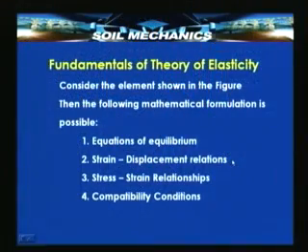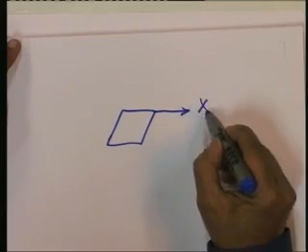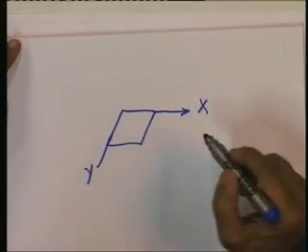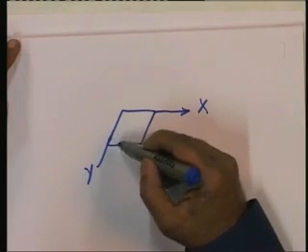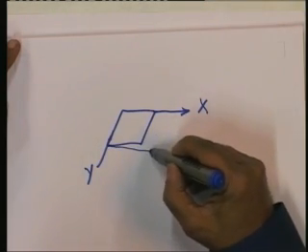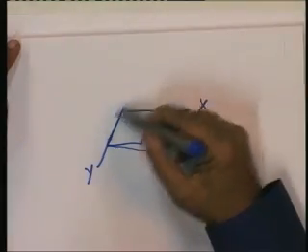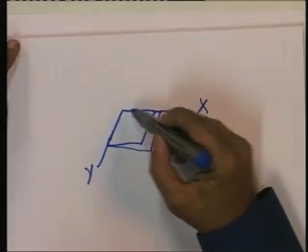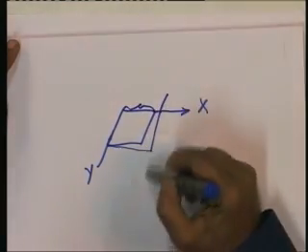Now, the second set of equations correspond to strain displacement relationship. Now, if I again consider any one face of this parallelepiped, let us say this is x, this is y. When a stress is acting on this, this is going to get distorted somewhat like this, due to the presence of the stresses which are acting on this, which means that any typical side gets extended.